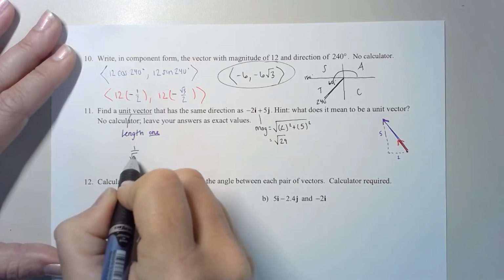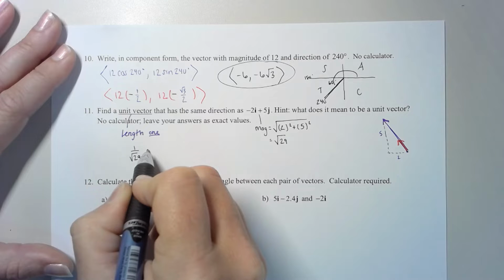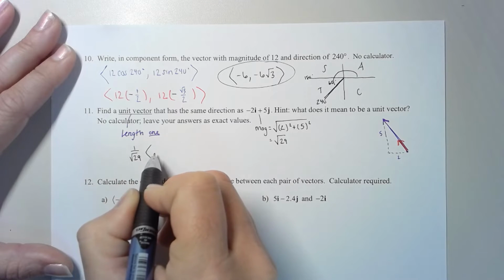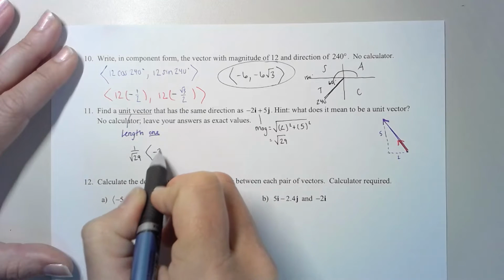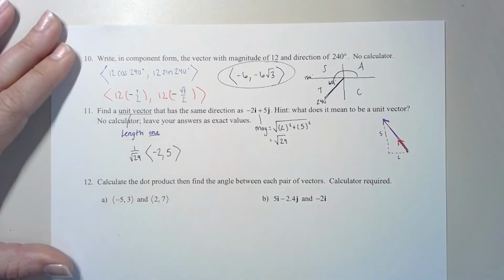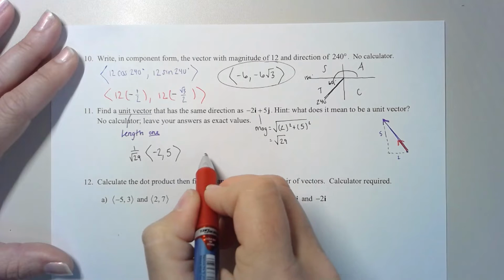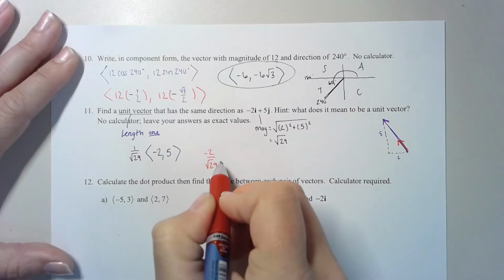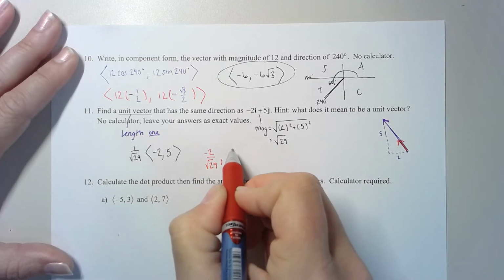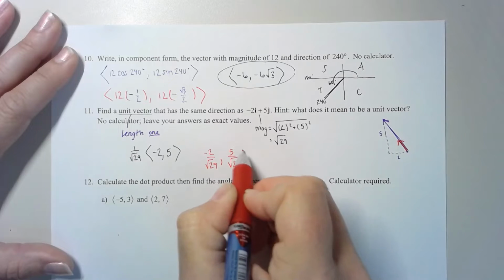So I've got 1 over radical 29 times the vector -2, 5. So I've got -2 over radical 29 and 5 over radical 29.